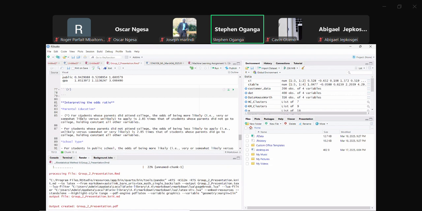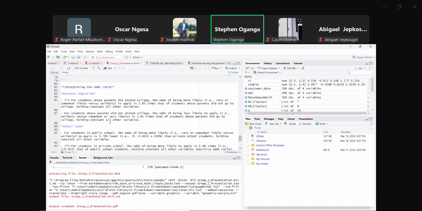So the interpretation is that for students whose parents did attend college, the odds of being more likely, i.e. very or somewhat likely versus unlikely to apply is 2.85 times that of students whose parents did not go to college, holding constant all other variables.